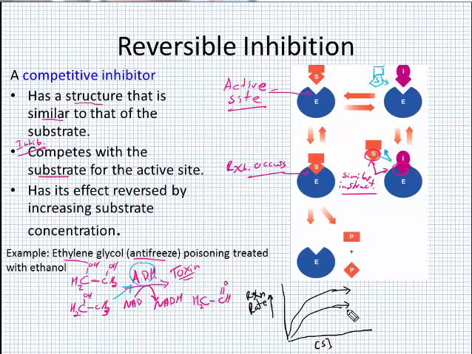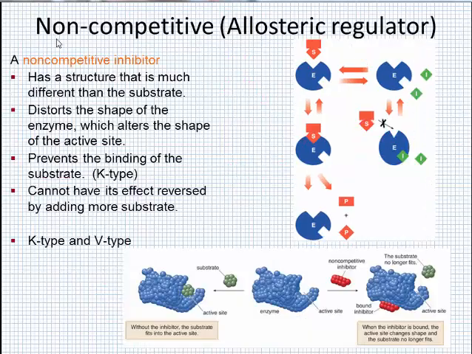We'll talk more about that a little bit later, but this reversible inhibition has a specific effect on these enzyme concentration curves. Another type, again still reversible, is non-competitive or allosteric regulation.